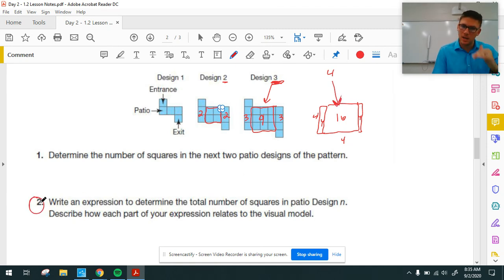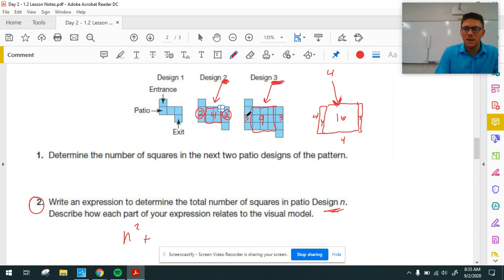I'm kind of skipping ahead here for a second. Design n. Find the expression, total number. Look at what we see here. This is a 2 by 2. There's 4. That's squared. N squared. But it's not just that. Notice design 2 has a set of 2 and a set of 2. So it's an n, and an n.